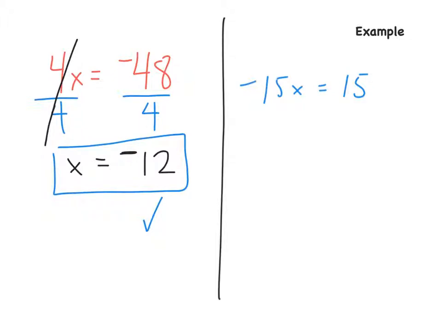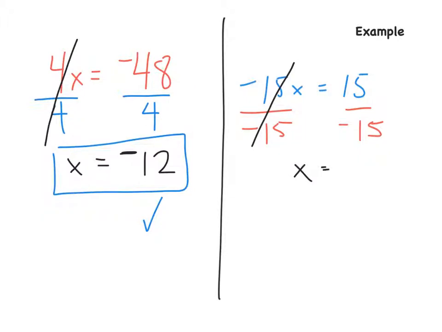Next one, if we have negative 15 times x is equal to 15, what is the opposite of multiplication? It's division. Divide by negative 15 on the left. If you do that to the left, remember you always have to do it to the right. Divide by negative 15 on the right. Negative 15 divided by negative 15 on the left, those cancel out, and all you have left is x.